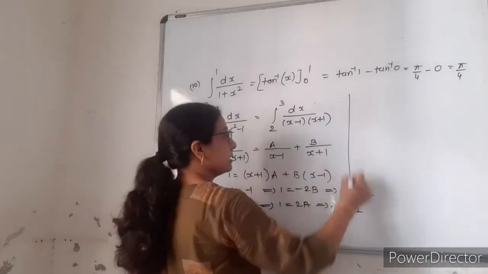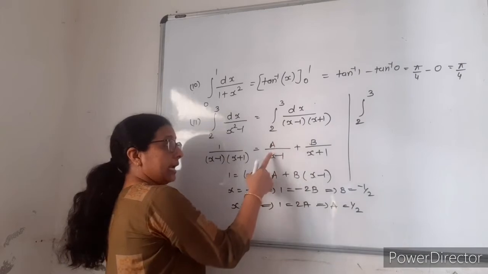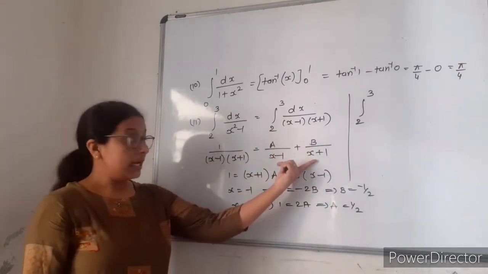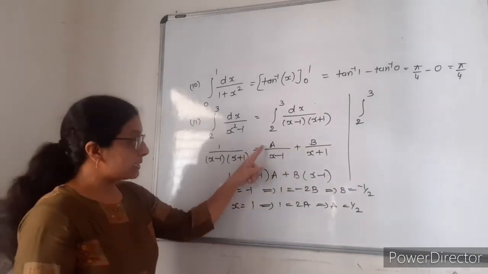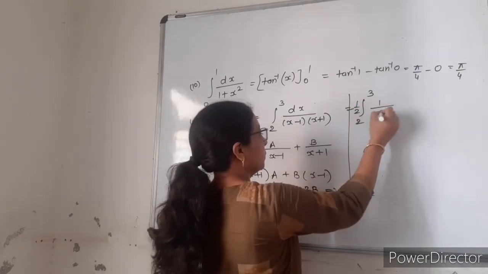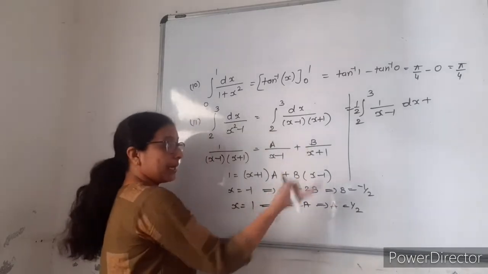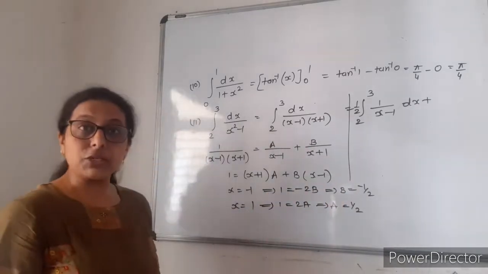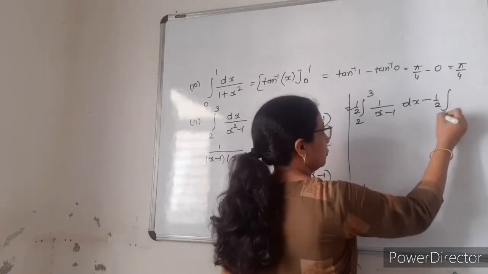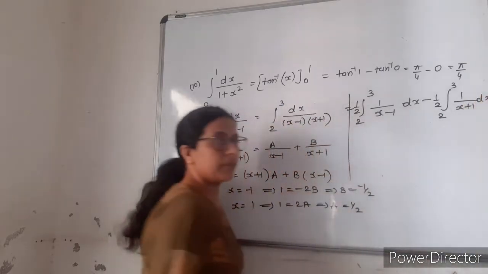So here it is integration 2 to 3, A upon x minus 1, but what is A? 1 by 2. So I will take 1 by 2, 1 upon x minus 1 dx, plus B upon x plus 1. B is minus 1 by 2. So plus minus 1 by 2 integration 2 to 3, 1 upon x plus 1 dx.